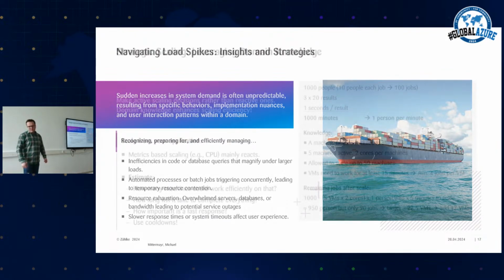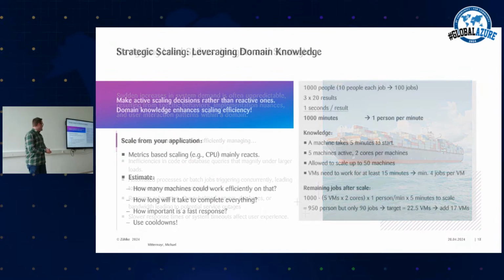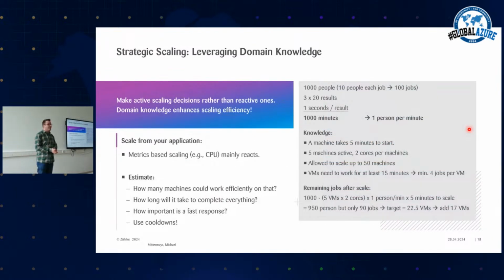So since I've said a lot already about strategic scaling and the problems that arise with just reacting, from your system perspective, to the scaling that happens in the system, another thing that we did was we incorporated knowledge about our application, about the data that we are using, in order to make better scaling decisions.